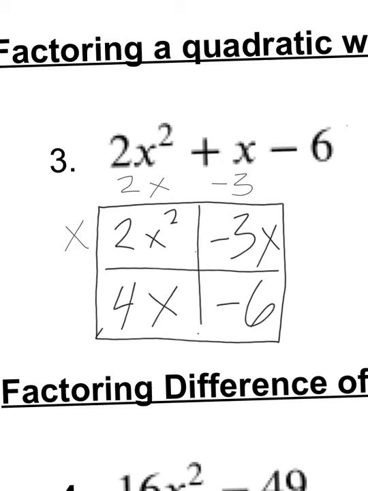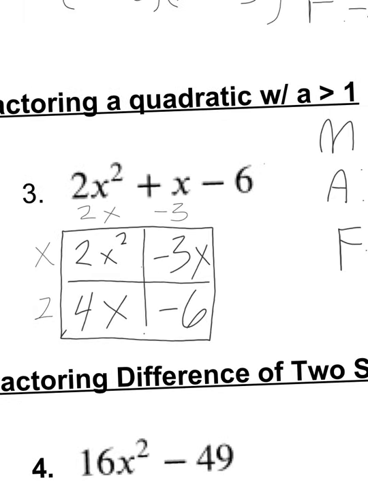Now we need the last blank right here, which we could do this times what gives us 4x, or negative 3 times what gives us negative 6. I think negative 3 times something, negative 6 is the easiest. So negative 3 times 2 gives us negative 6.